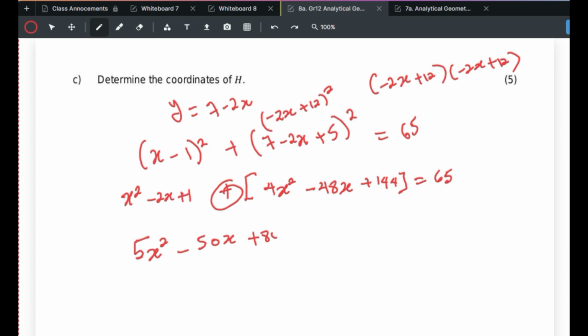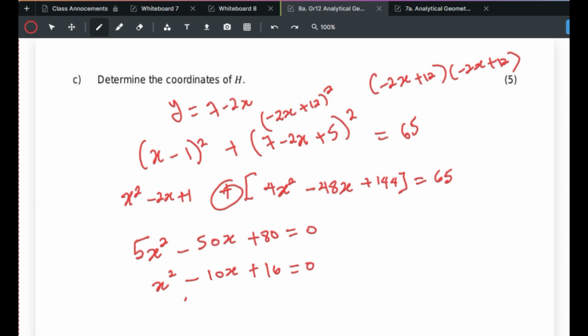So that's plus 80 is equal to 0. Since they're all factors of 5, let's divide by 5. So it's x squared minus 10x plus 16 is equal to 0.